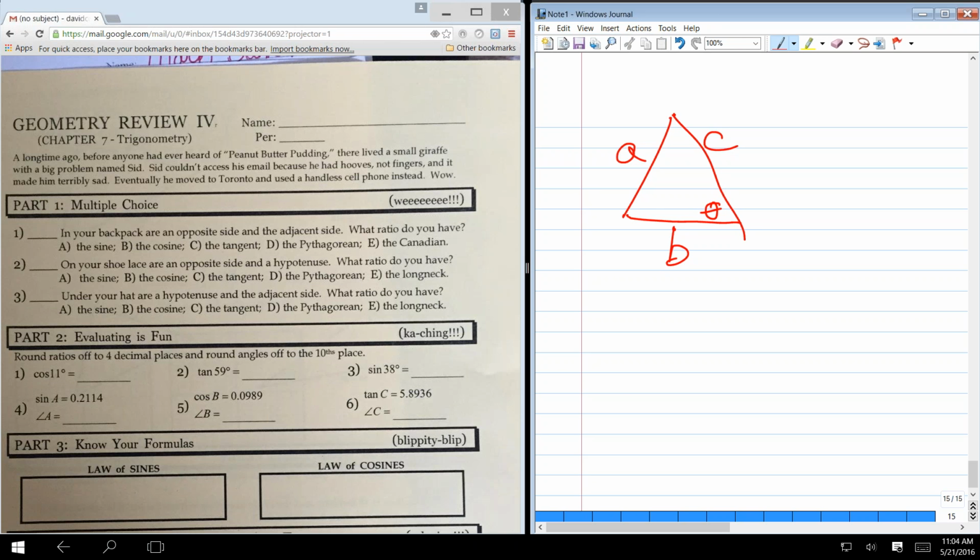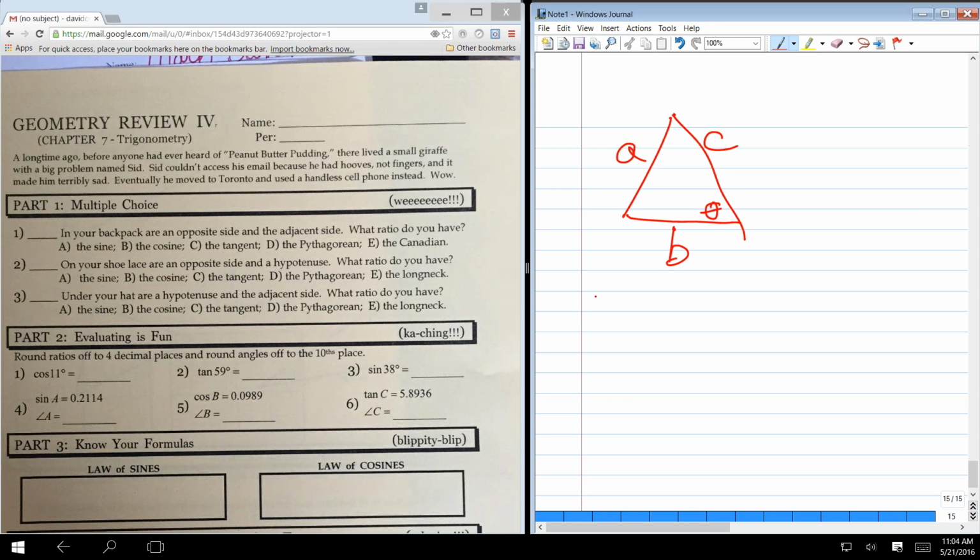What's the adjacent side of theta? A. No. A is the opposite. B or C are the adjacent sides. In other words, the adjacent side means what makes up the triangle, or angle rather.